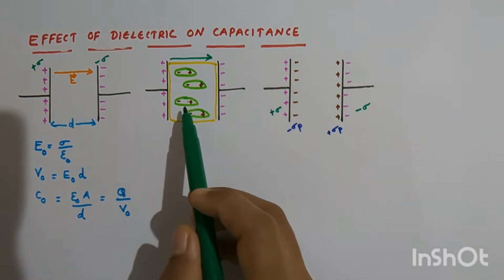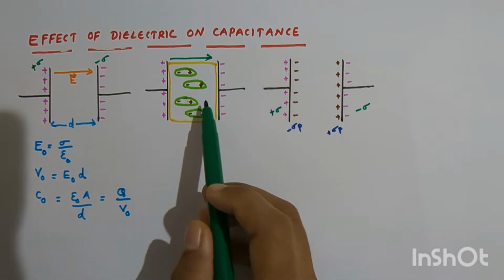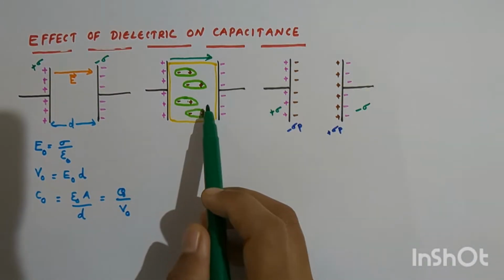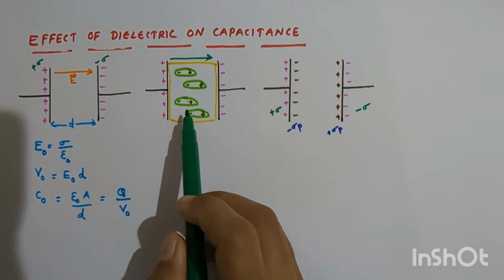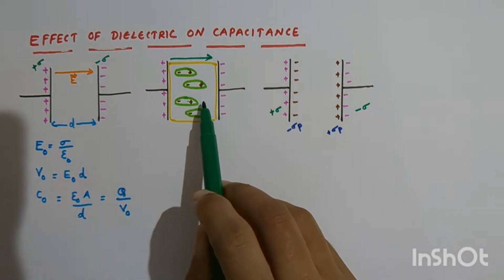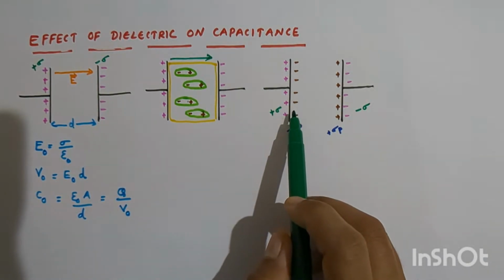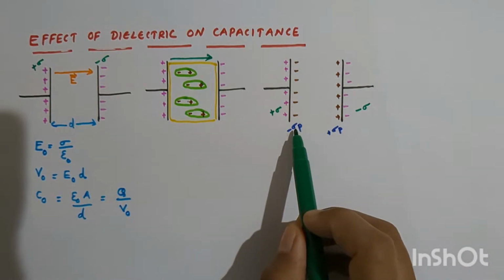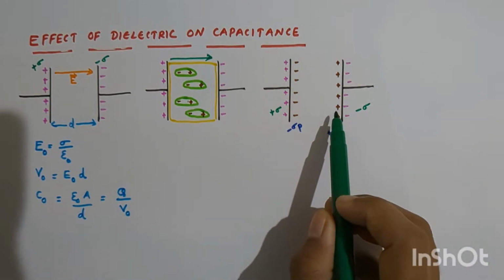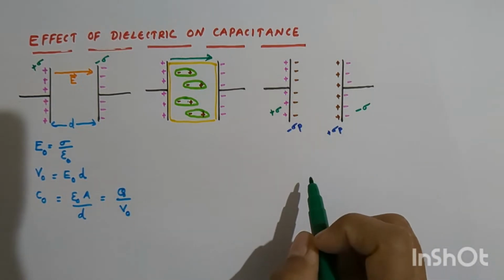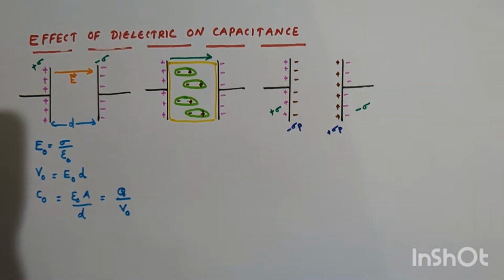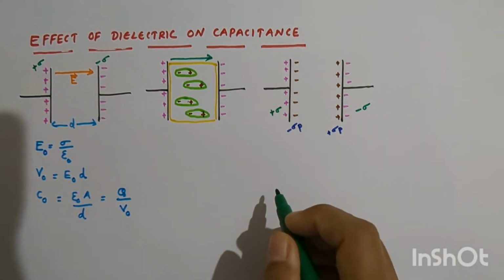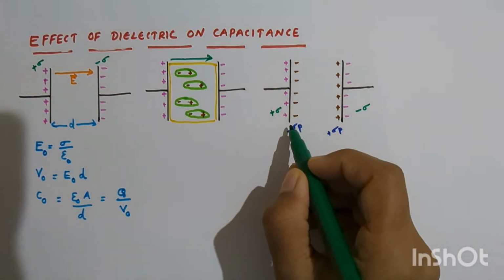That means there will be a slight separation of the charges present in a dielectric. So this will be equivalent to this. That is, we will be getting another two charged sheets with surface charge density minus sigma p and plus sigma p.